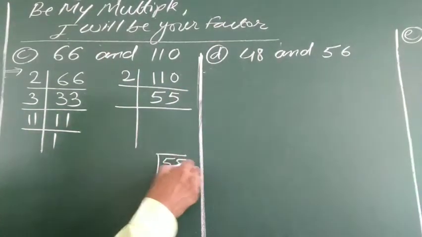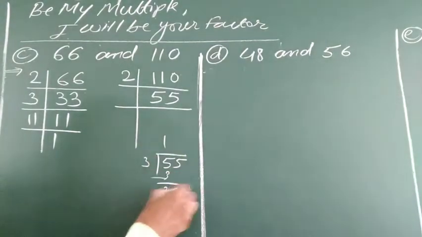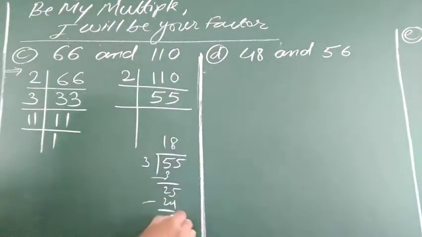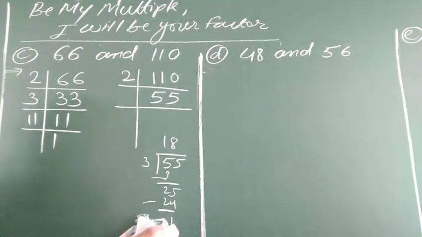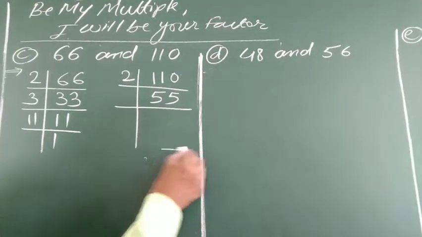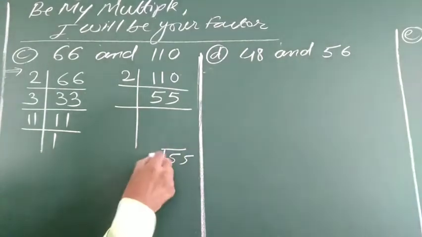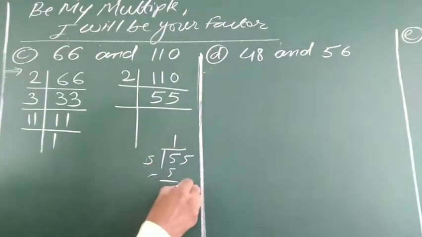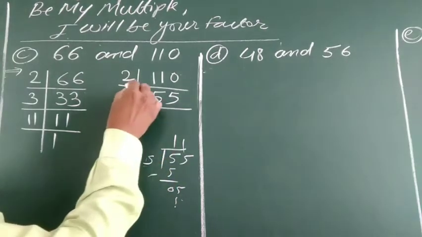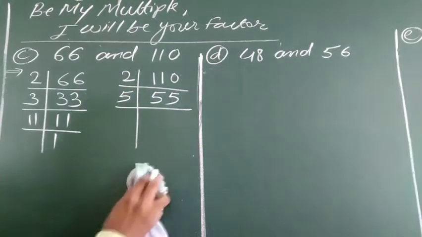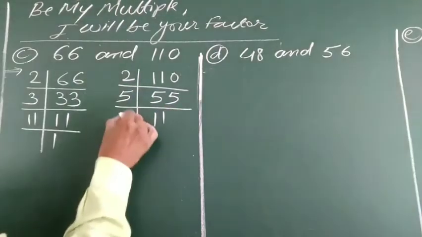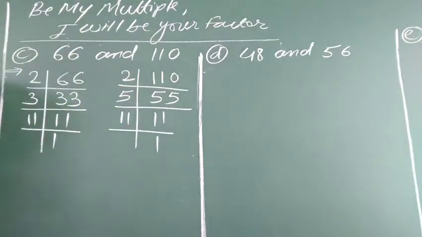So try with 3. 3 1s are 3 and 3 8s are 24. So no, it is not exactly divisible. So we will try with 55 by 5. 5 1s are 5. It is 11. So see, it is 5 and then 11. Again it is 11. So it is 1.